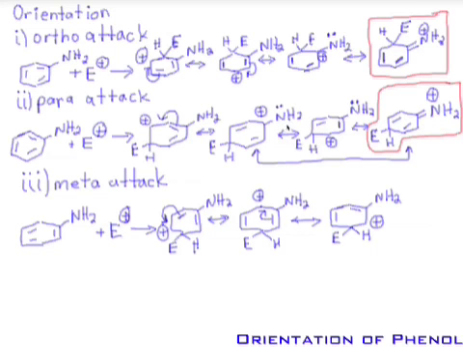Now this is the type of structure we would have for every ortho para directing group. Since this took so long to draw, I'm going to change the NH2 in each case to a different group. And you'll see you get the exact same structures. It doesn't matter if this was an NH2 or, for example, an OH.